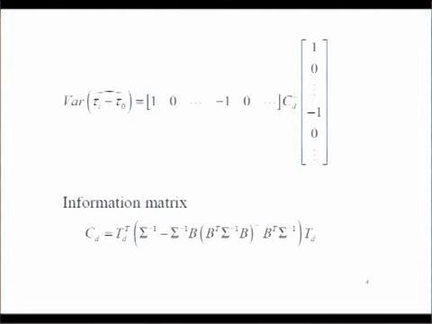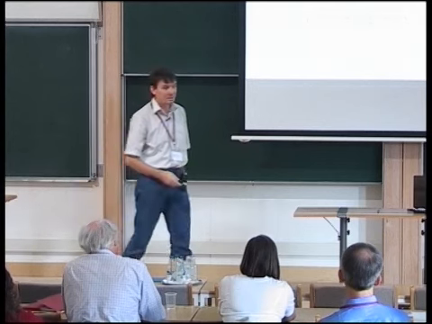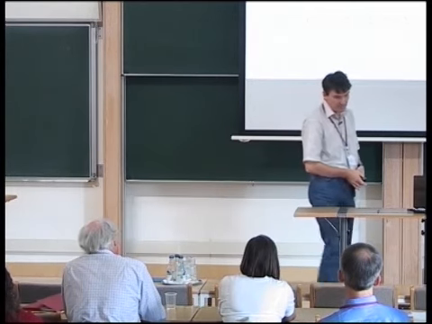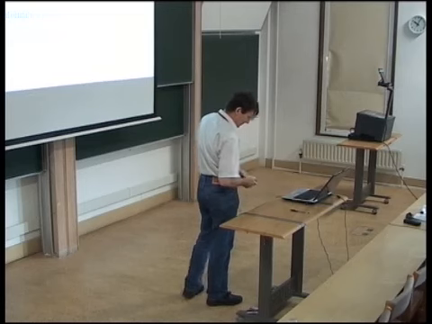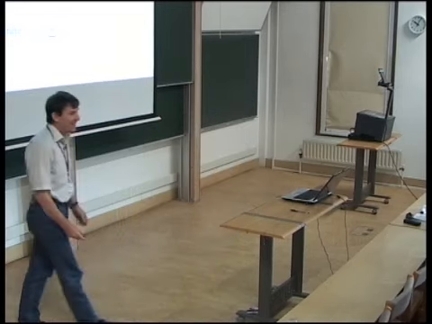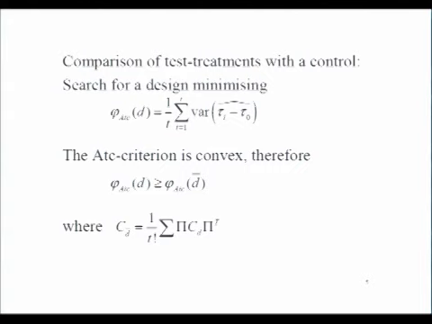The information matrix is calculated with the help of the block design matrix, of the covariance, and of the treatment design matrix. So we are interested in comparison of treatment effects with the control, and we want to estimate the average variance of these comparisons.